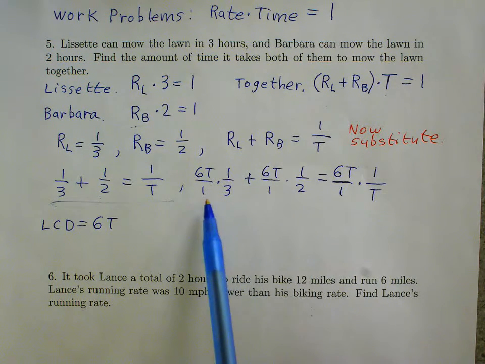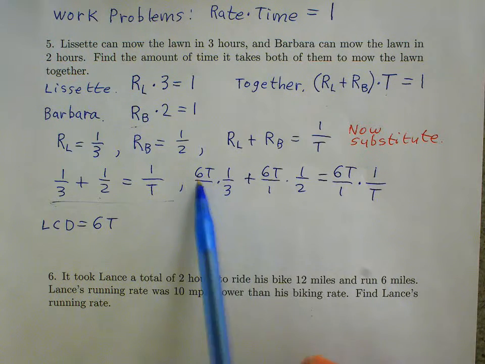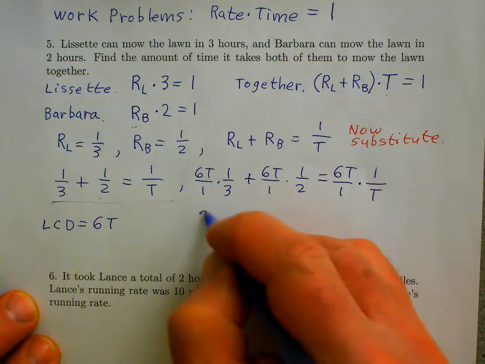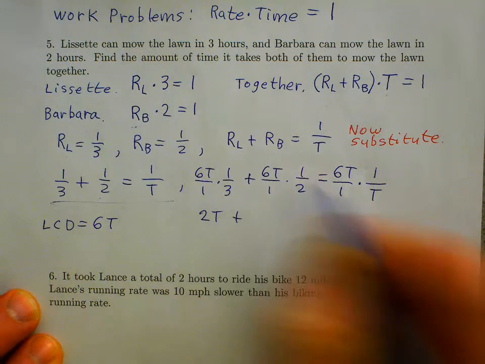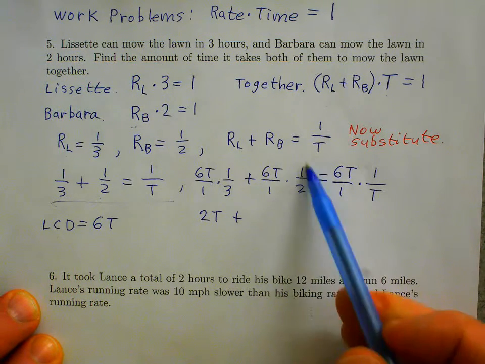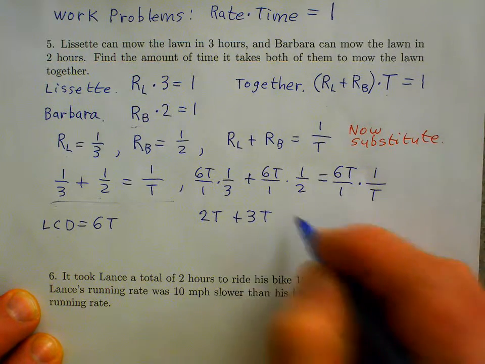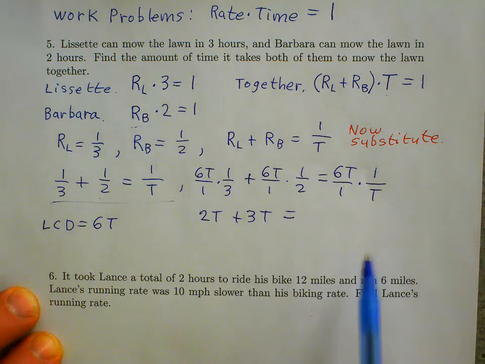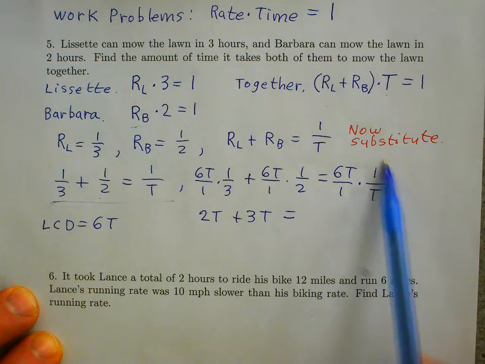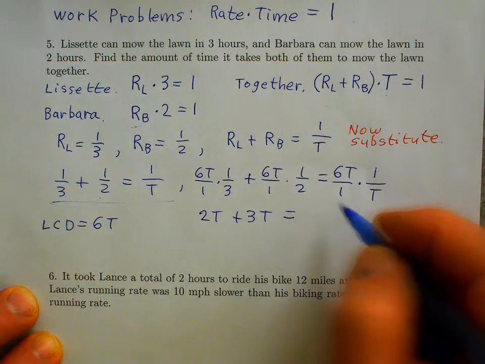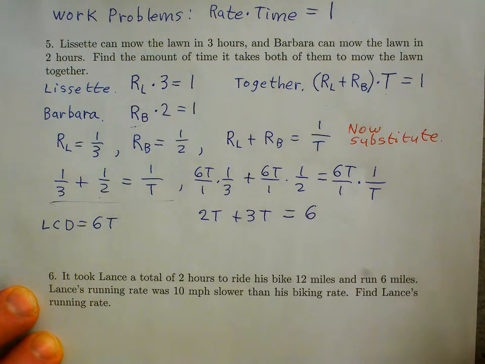6T over 1 times 1/3 simplifies to 2T. 6T over 1 times 1/2 simplifies to 3T. On the right-hand side, 6T over 1 times 1/T, the T's cancel, and we're left with 6.